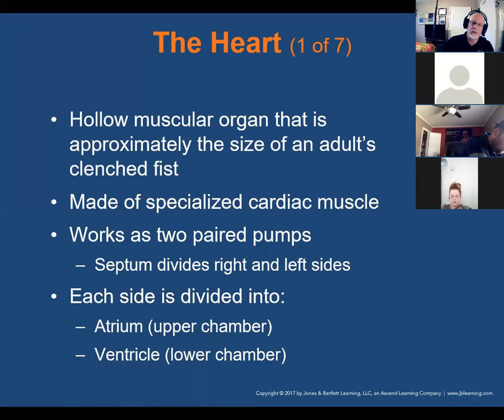Then that oxygenated blood comes back via the pulmonary veins, the only veins that carry oxygenated blood. Pulmonary veins carry the oxygenated blood back to the left atrium, that top little pump on each side of the heart.